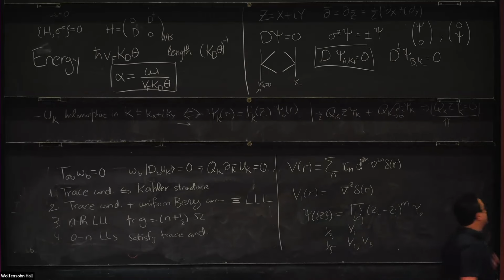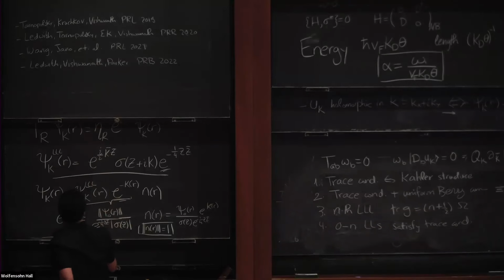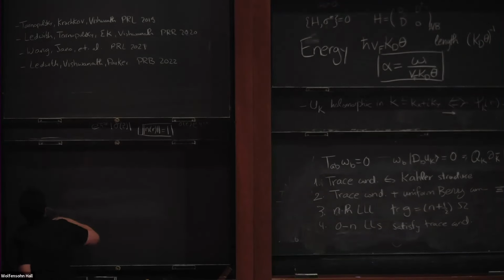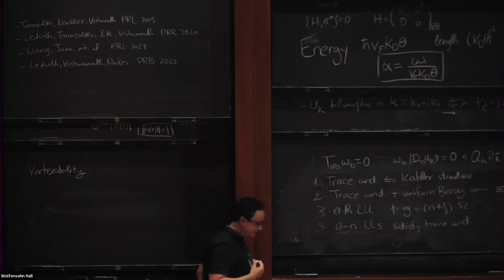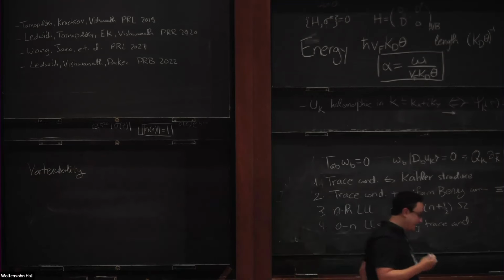And this led to a concept that has been called, in this last paper, vortexability. So we can build Laughlin states in a band that is vortexable, which means that we can attach vortices to the wave functions without getting out of the band.